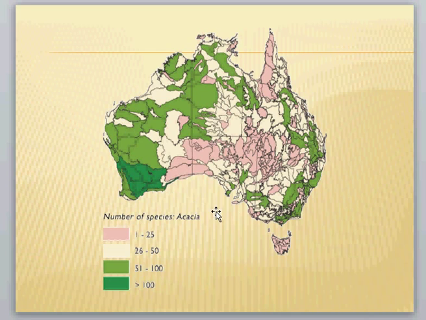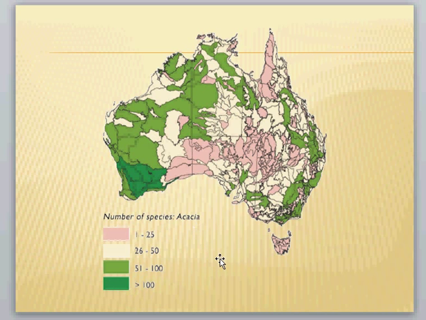Australia here is divided up into different botanical provinces, and they are shaded different colors according to the number of species of acacia. Now, acacia is a genus of plants which is found mainly in Australia. There are many different species. In some parts of Australia there are over 100 species in a particular area.